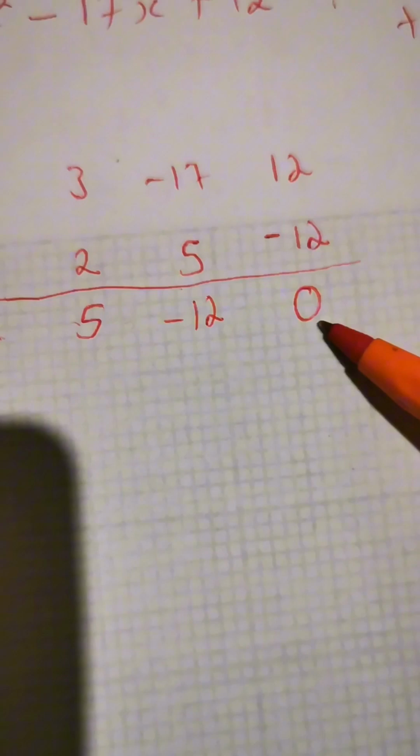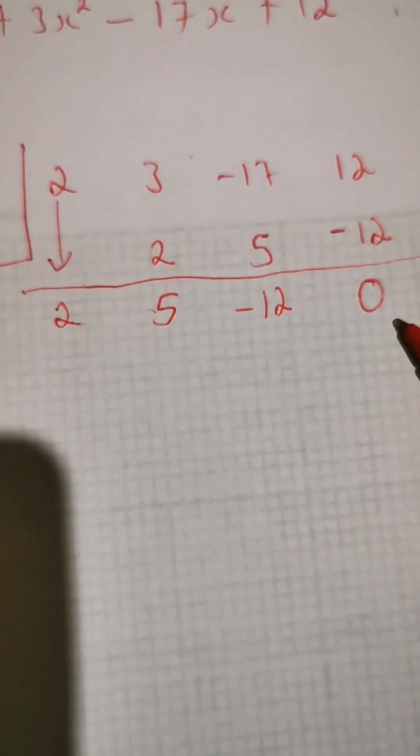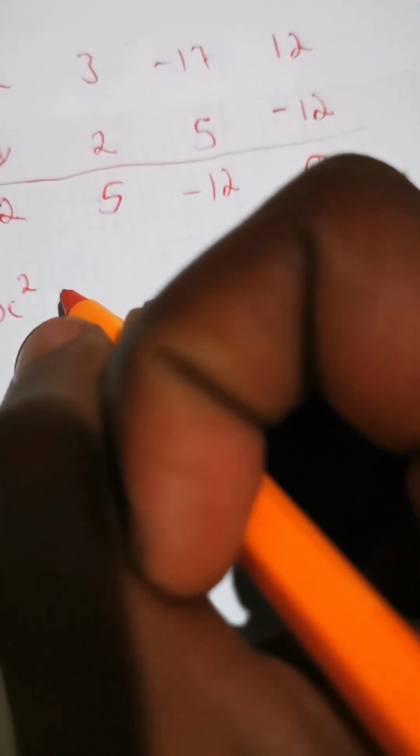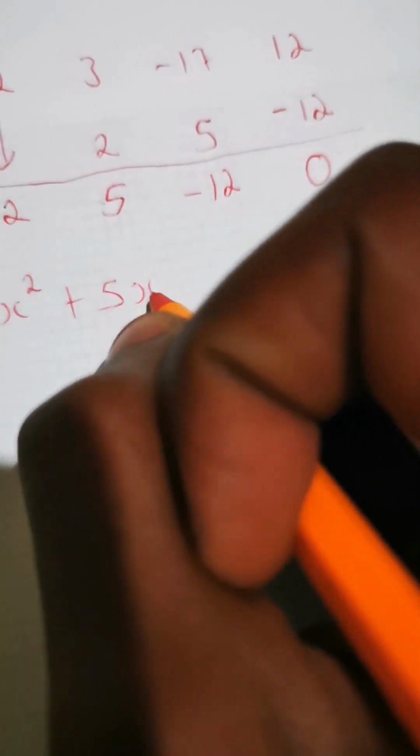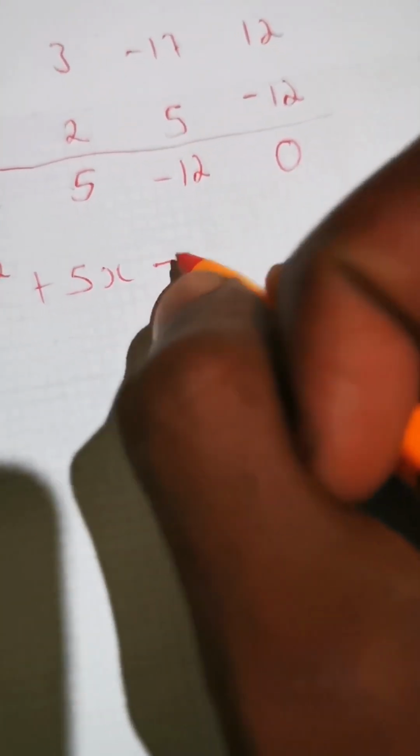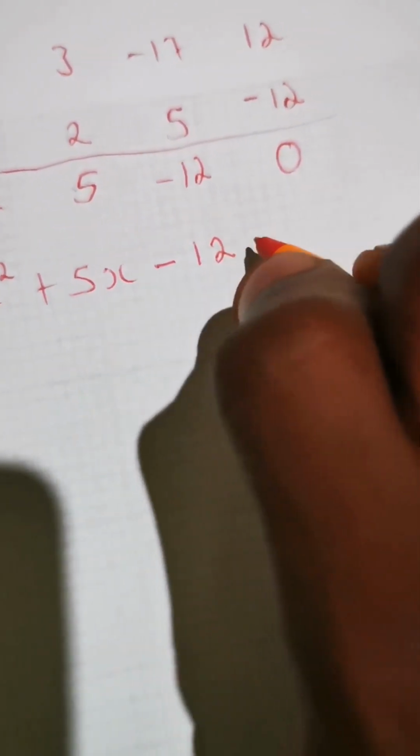If it is giving us 0, the final answer we're going to get is 2x squared plus 5x minus 12.